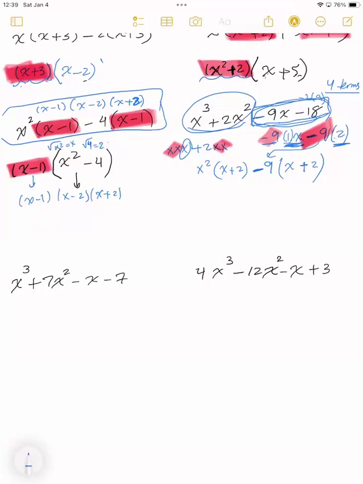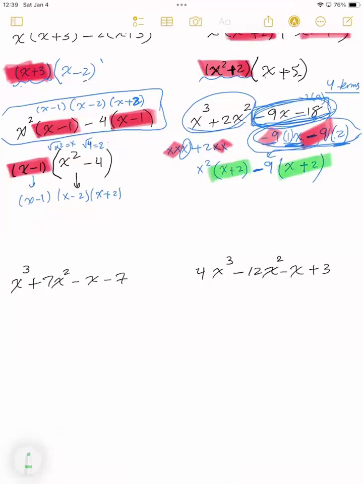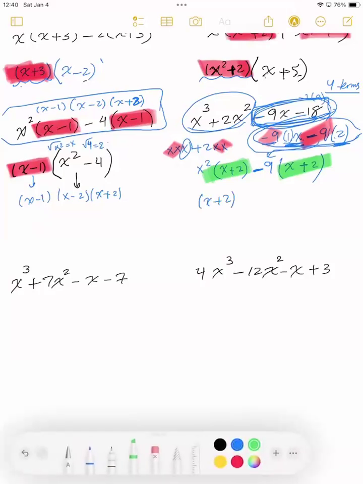Why did I do all this playing around with this piece? Because I wanted to factor this in such a way that both terms have the same common factor. Now x plus 2 is the common factor of these two. I'm going to factor x plus 2, which is the common factor between them.